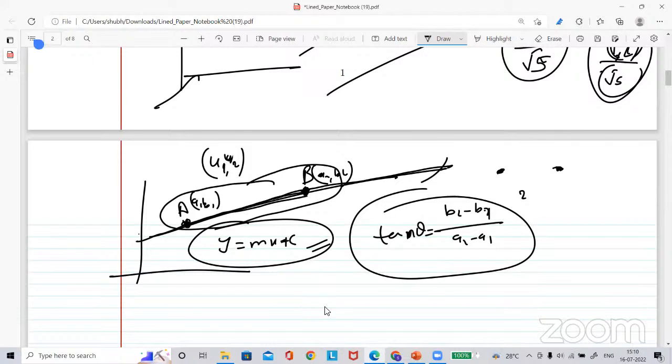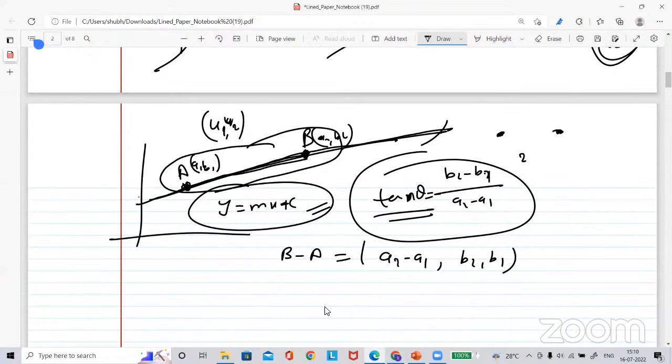So see that this is giving the slope of the line. Similarly, if you subtract these 2 points, b minus a, what is going to be this? a2 minus a1, b2 minus b1.